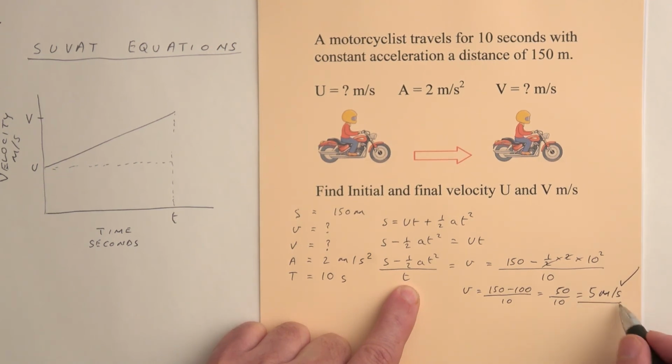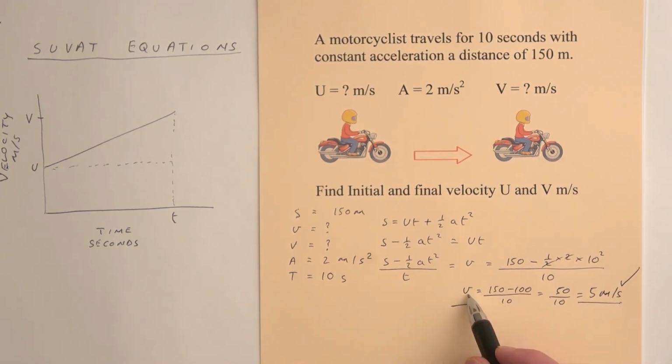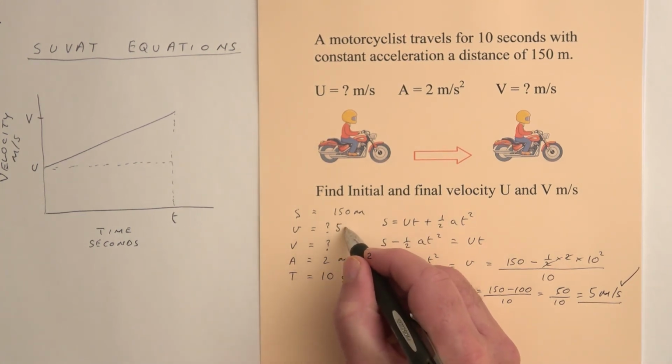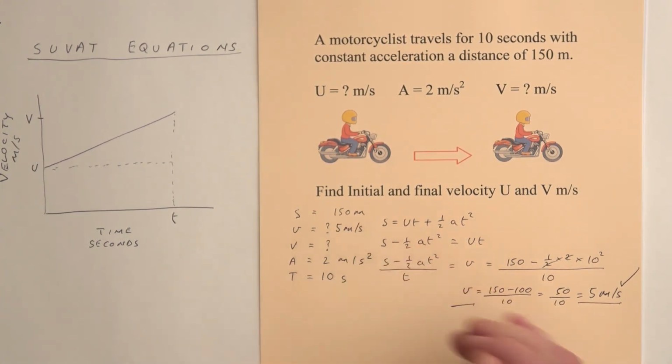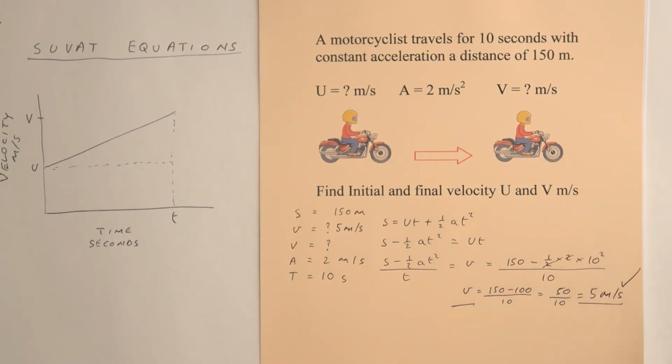Okay, we've got that bit done. Now we have to put that initial velocity into another equation. Stick it up there for now. And we've now got to find the final velocity.